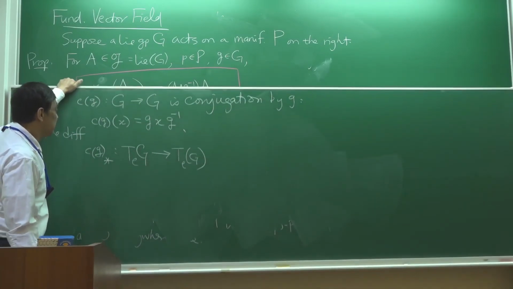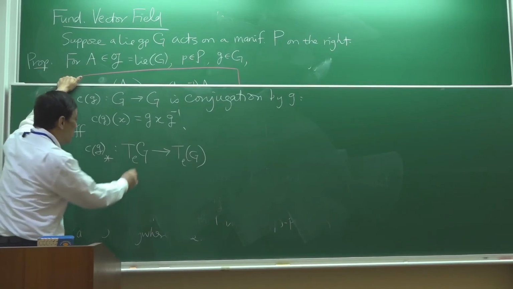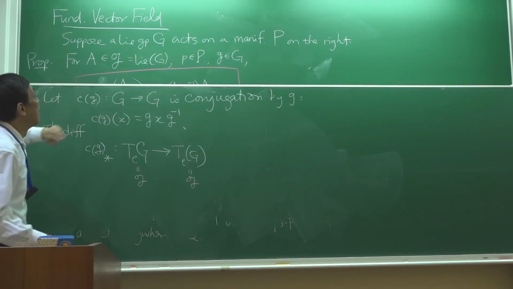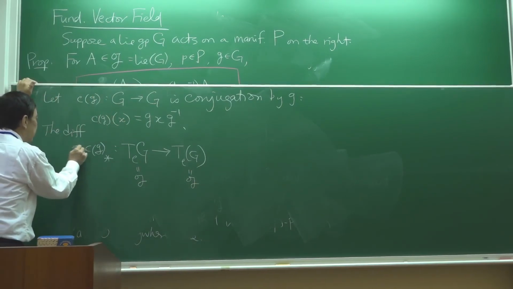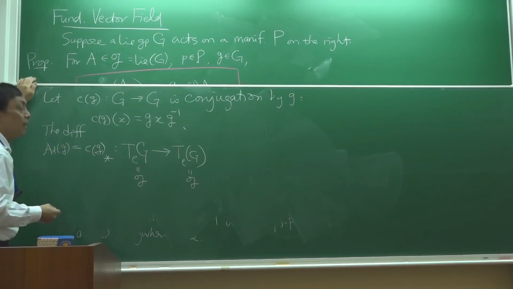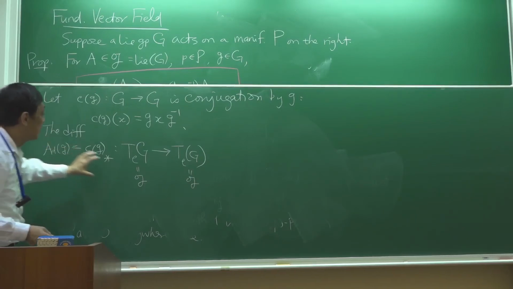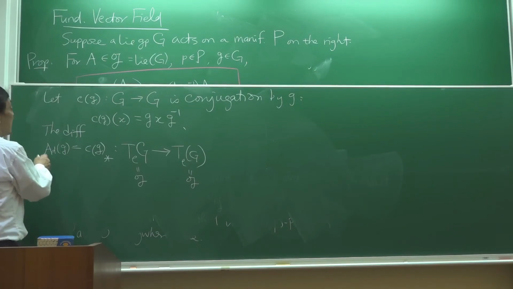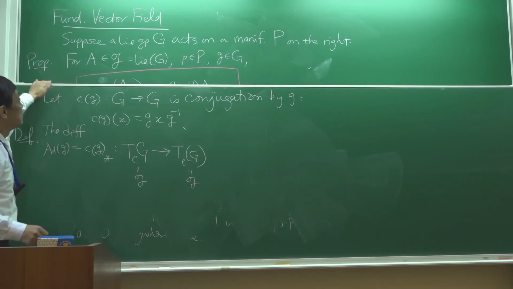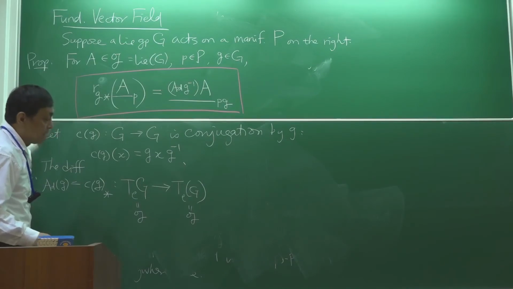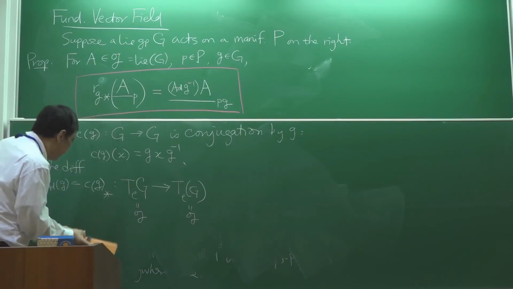Okay? So C_g star, and this is the Lie algebra. And this is the definition of Ad, the adjoint representation, Ad g. Okay? So Ad g takes an element of the Lie algebra to an element of the Lie algebra. This is the definition of Ad g. Okay? All right? So now let's prove this formula.